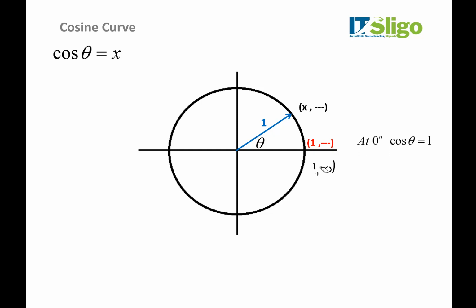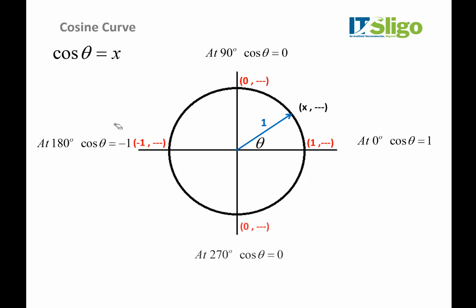Our x value is 1. At 90 degrees, my x value is 0. At 180 degrees, my x value is -1. Sorry, no, that's right, that should be in there. At 270 degrees, my x value is 0. And at 360 degrees, I'm back where I started, my x value is 1.